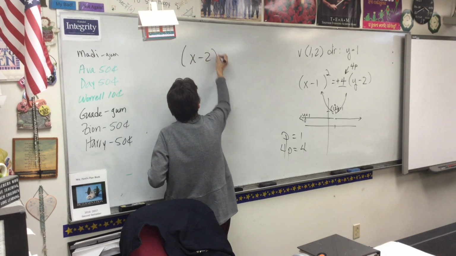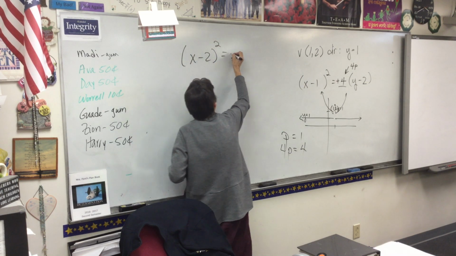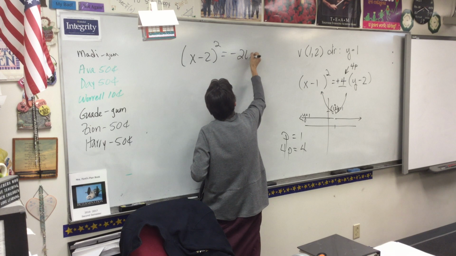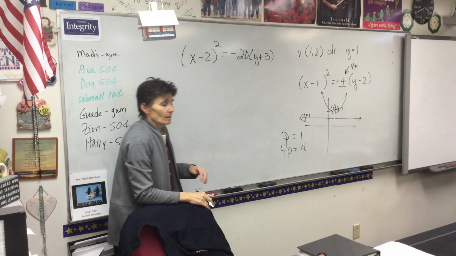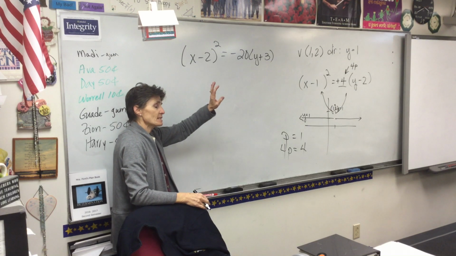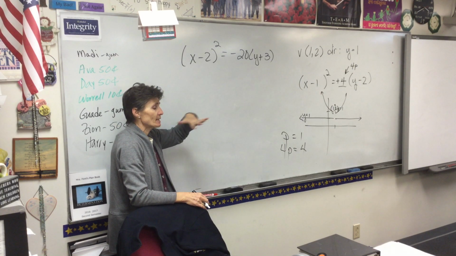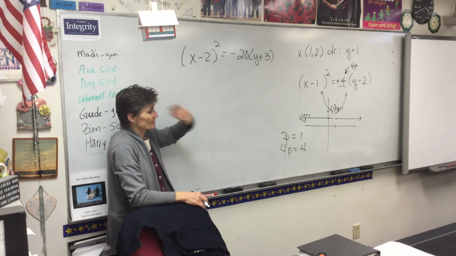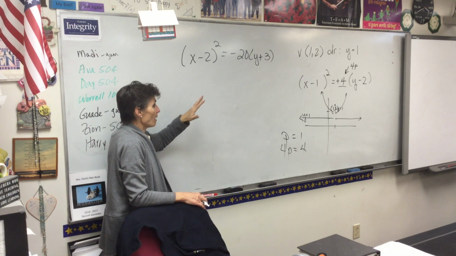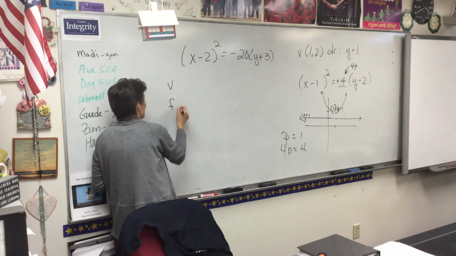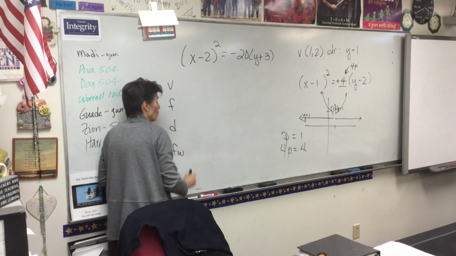(x minus 2) squared equals negative 20 (y plus 3). This is a separate made-up problem. It's not on any sheet. And our job is to find the vertex, focus, directrix, and focal width.